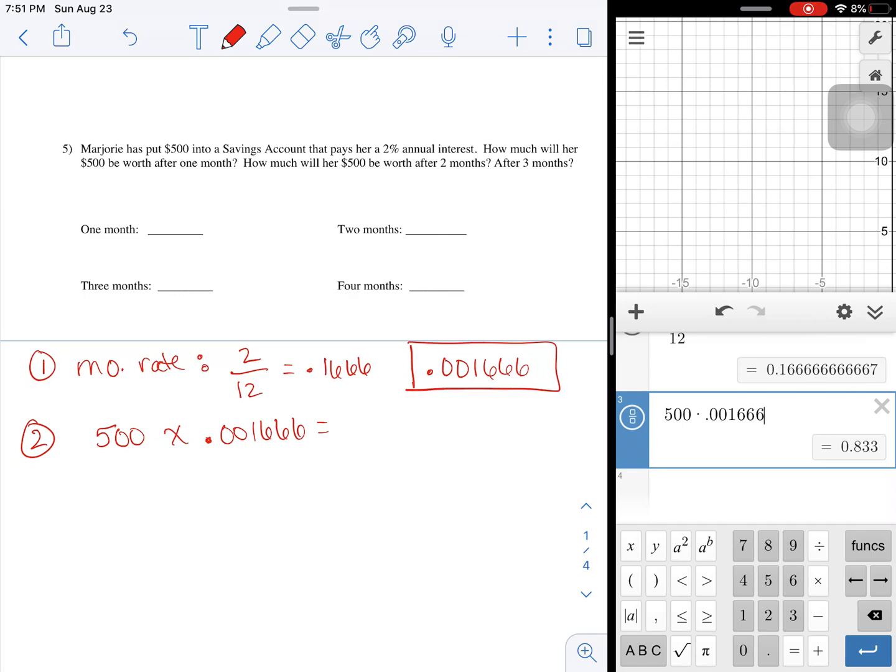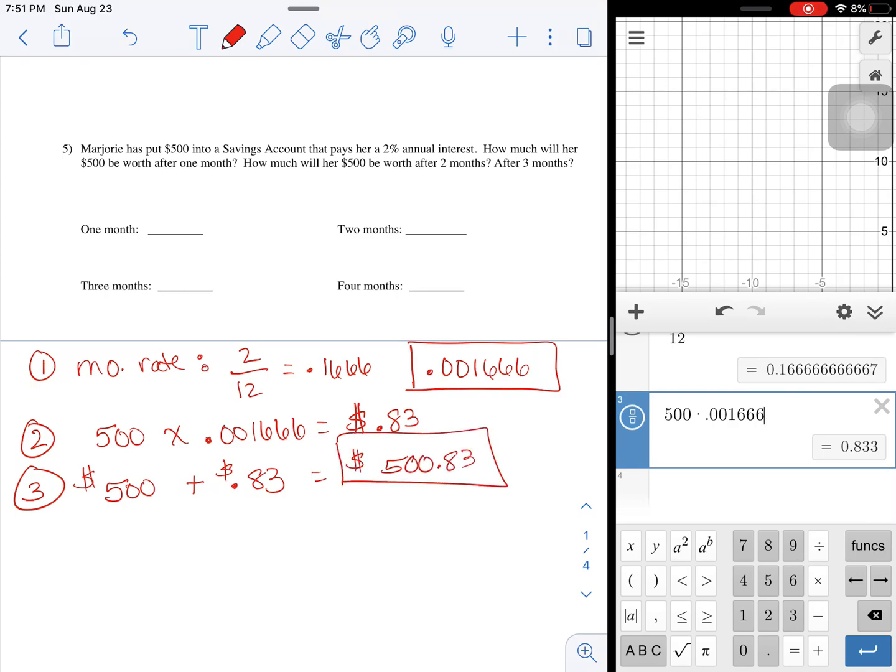Now we're dealing with money, so money is not that long. 0.833, we're going to round it to the nearest hundredth, 0.83, so 83 cents. So 83 cents. Step 3 would be to add your money together, the $500 and the 83 cents, which gives us $500 and 83 cents. That is month 1. Okay?